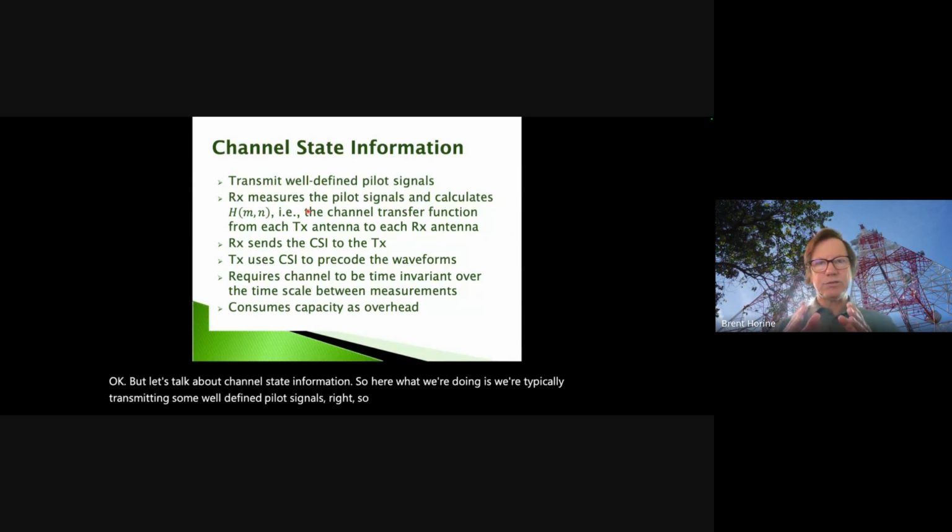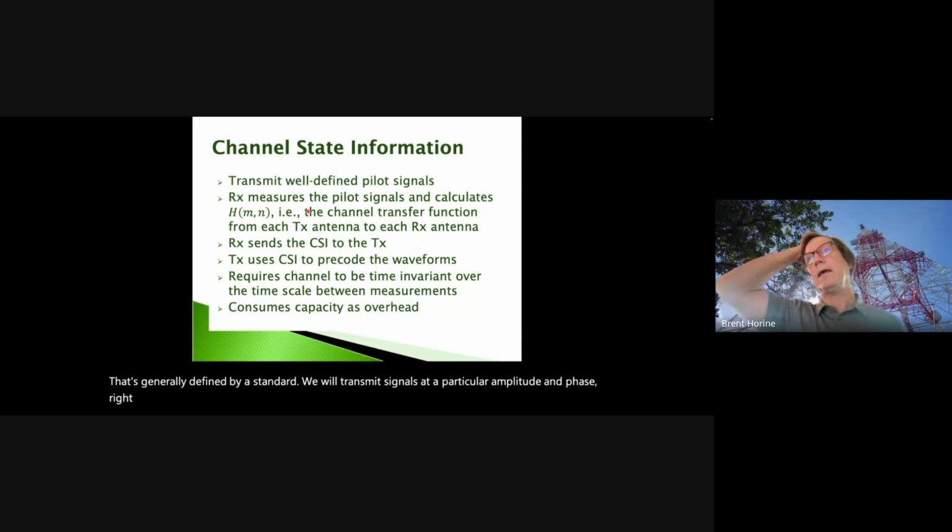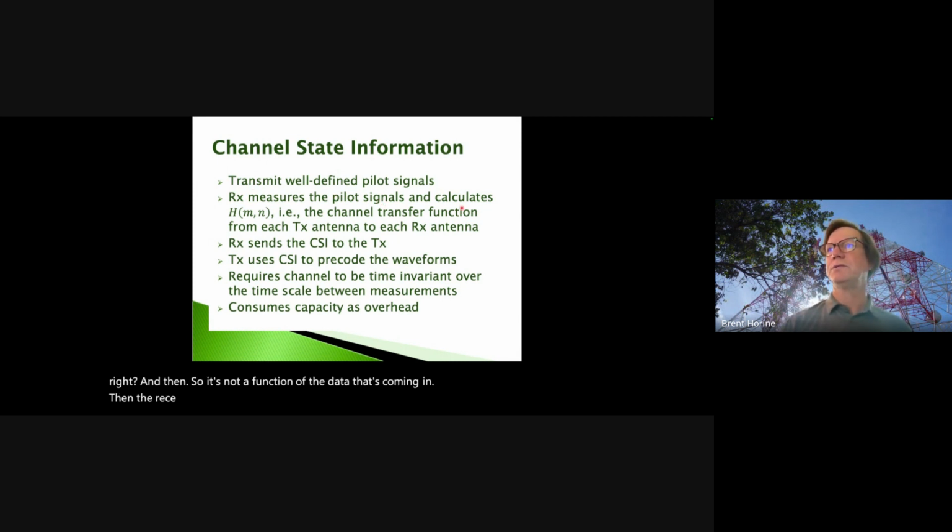So at a certain time in this waveform, that's generally defined by a standard, we will transmit signals at a particular amplitude and phase, right? And so it's not a function of the data that's coming in. Then the receiver measures those pilot signals, and since it knows what they're supposed to be, it can calculate the H matrix, right? The channel matrix, or the channel transfer function from each transmit antenna to each RX antenna.